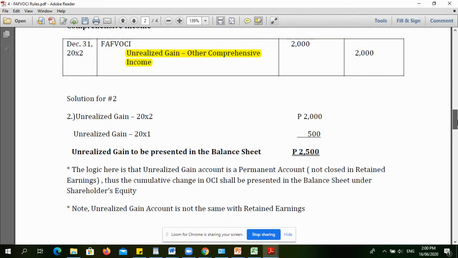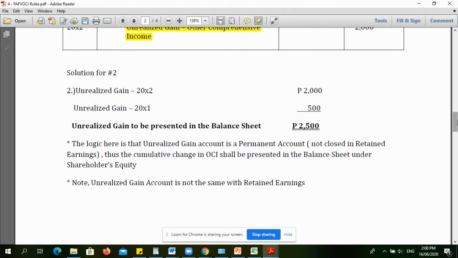Okay, let's look at solution number 2. Remember, yung 2,000 pesos na to, ito lang yung nakapresent sa statement of comprehensive income. But remember, during 20x1, we already recognized unrealized gain of 500.